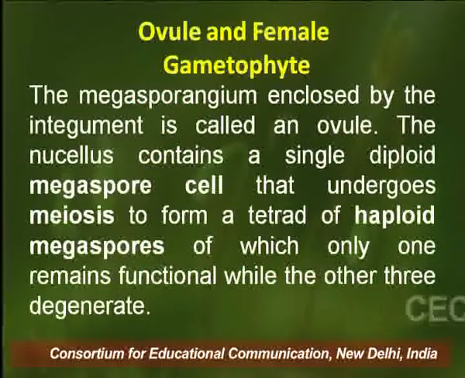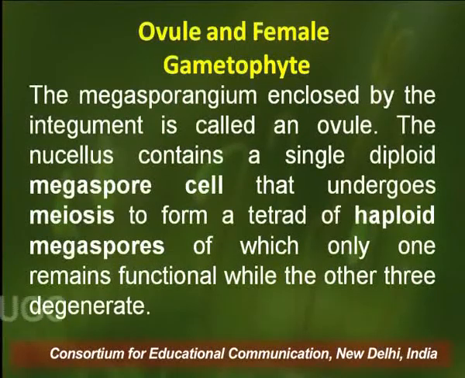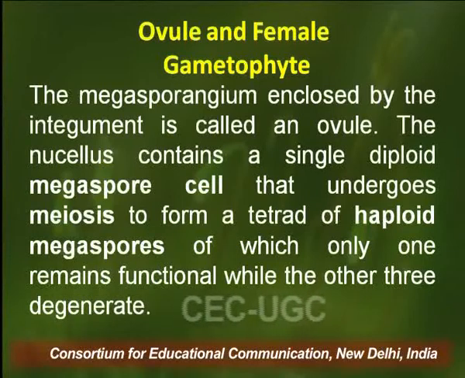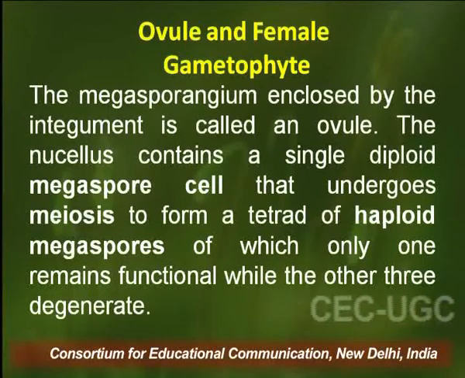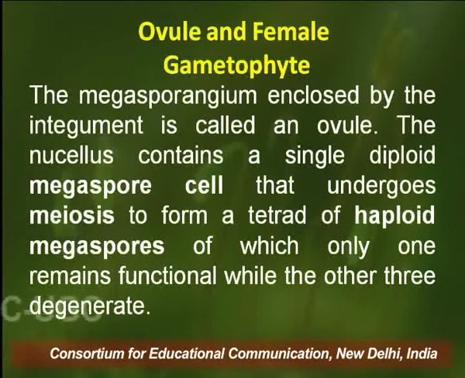The megasporangium enclosed by the integument is called the ovule. That means the nucellus, if enclosed with the help of a thick integument, is nothing but your ovule.